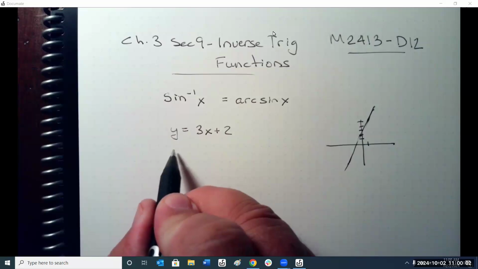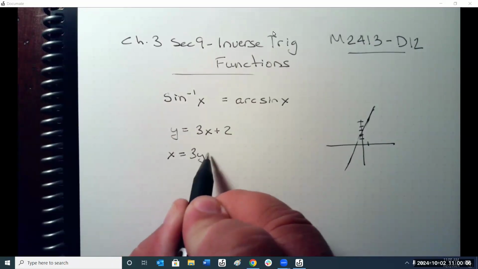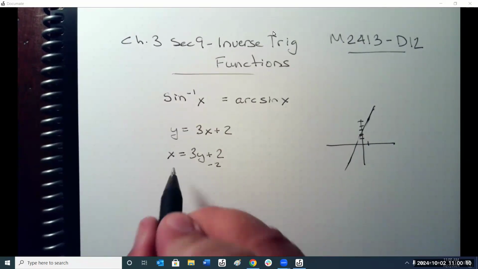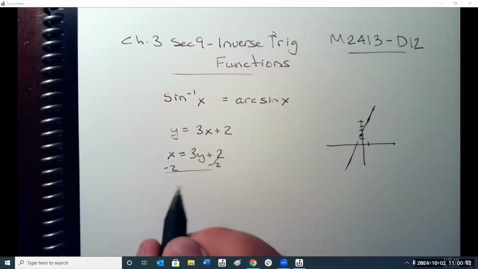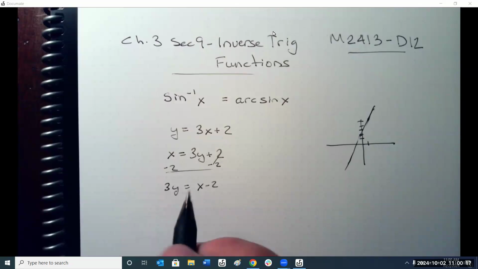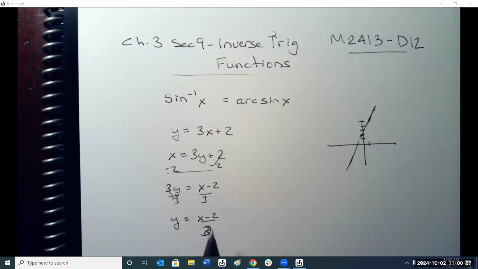Now the way you find the inverse is switch your x and the y's and solve for y. 3y equals x minus 2, and divide by 3. And that's our inverse. So we'll relatively do the same thing.